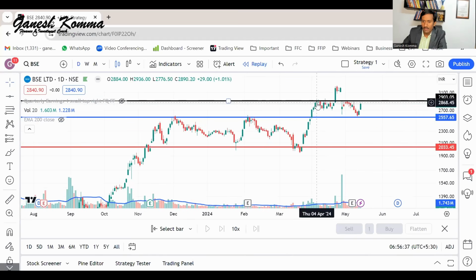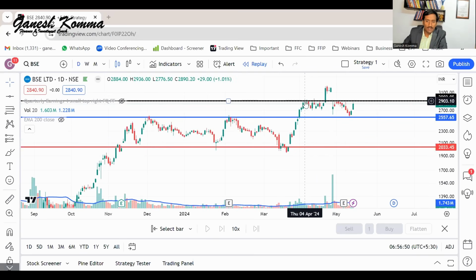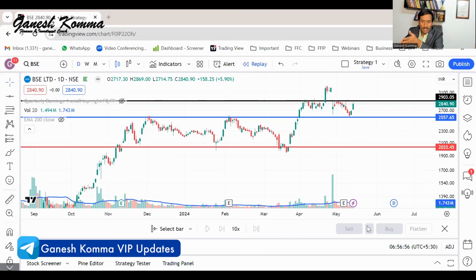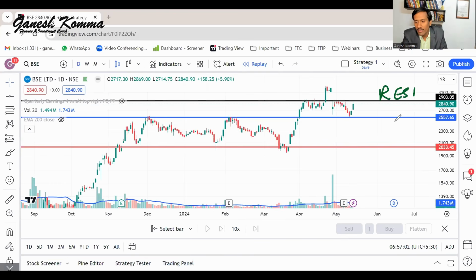If you see here, this price point of the 2900 level has been acting as strong resistance. So at the present juncture, your 2900 is your resistance zone and 2557 is your support.